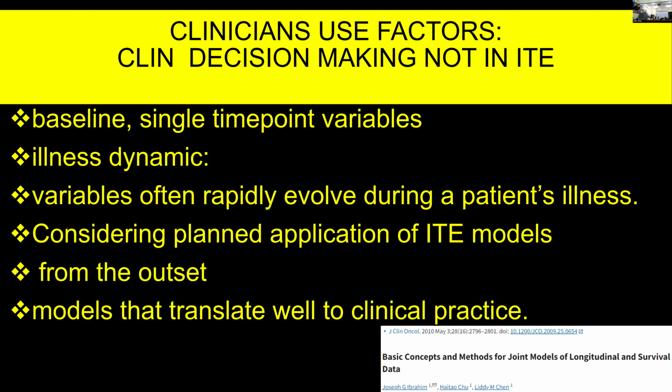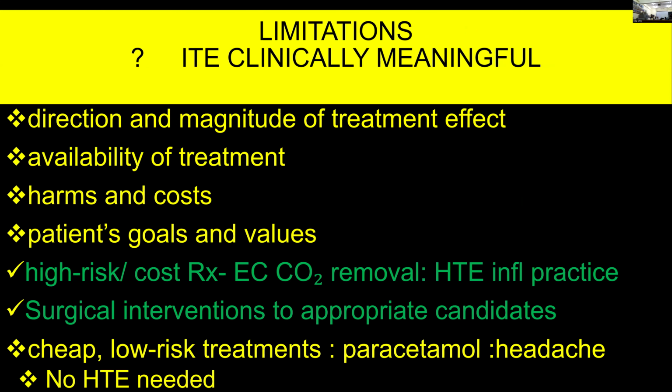So this is also very important: we do single time point variables, but illness is dynamic and rapidly evolving. So models which can incorporate time varying covariates, that means your heart rate every day, your respiratory rate every day, your serum lactate every day, those models may actually work better than models which took only the baseline factors.